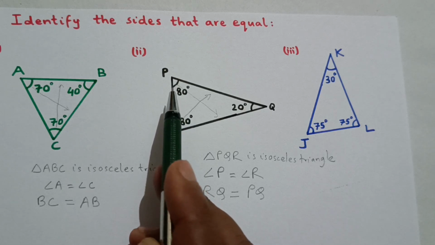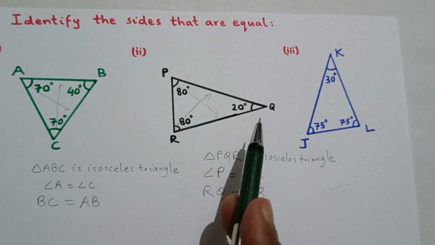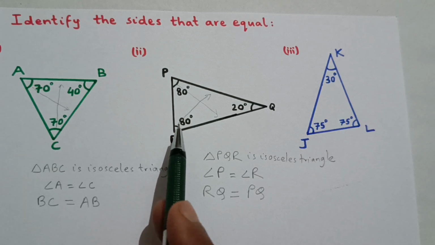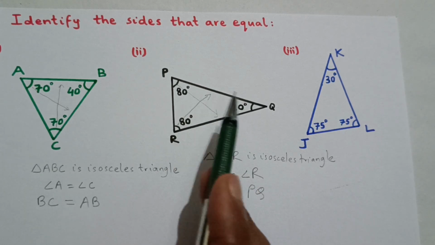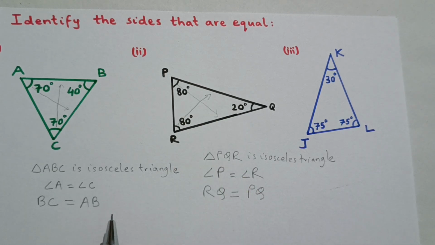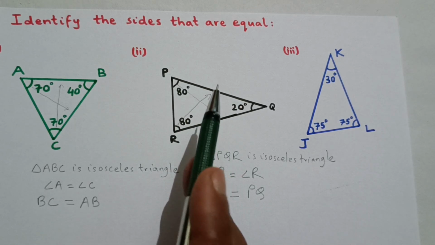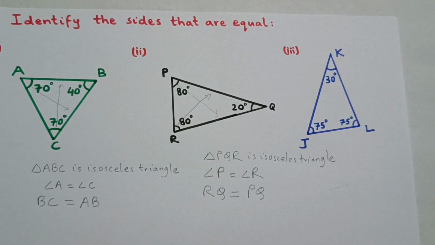For angle P, the side that is opposite is RQ, and for angle R, the side that is opposite is PQ. So in the isosceles triangle PQR, the two sides that are equal to each other are side RQ and side PQ.